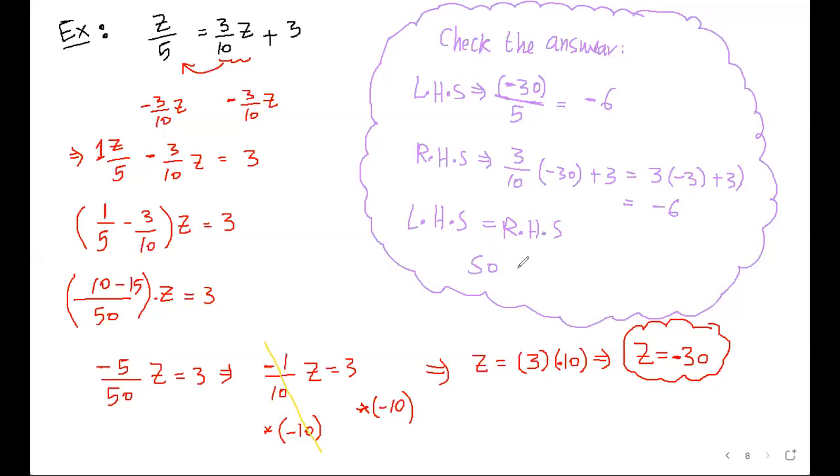So my solution is z equal negative 30. It's true. So the answer is true. Any questions so far for this example?